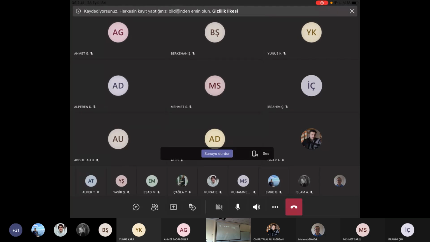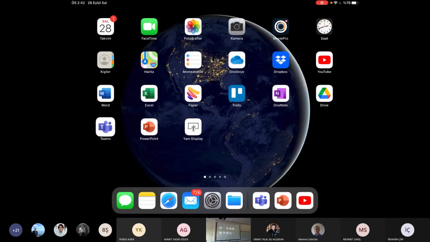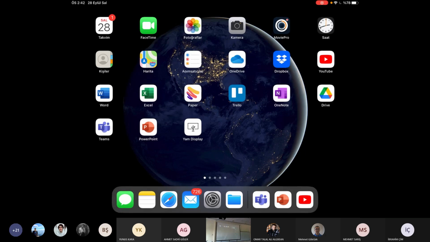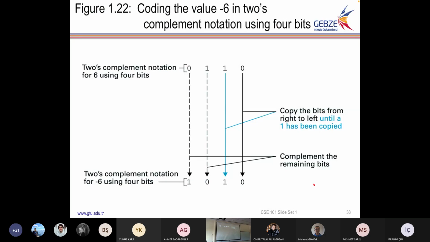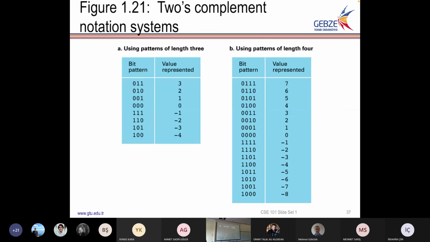So how am I going to represent minus numbers, negative numbers in binary?